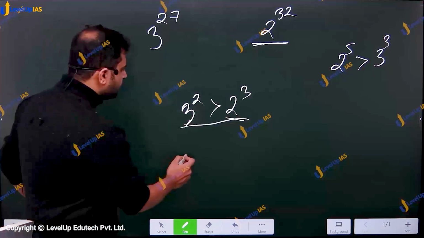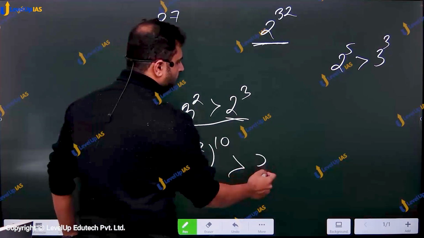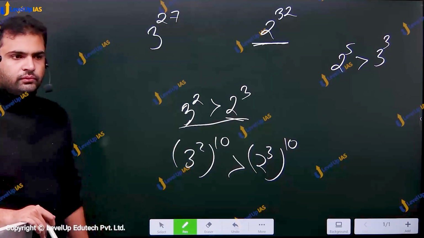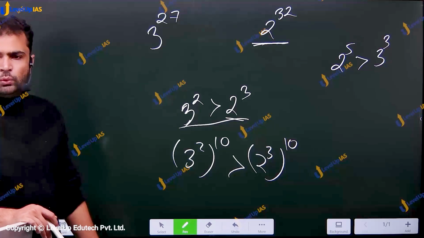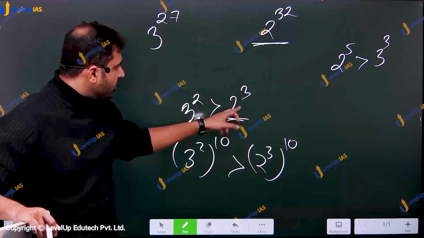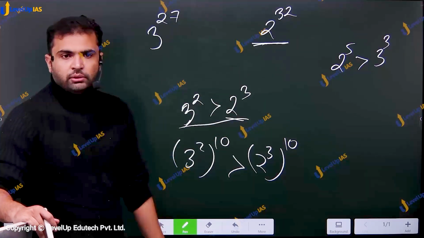So from here I can say that 3 raised to 2 raised to 10 is greater than 2 raised to 3 raised to 10. On both sides I raised by power of 10. Why am I doing it? I want to go close to 32. So I am trying to go to 30, and from there I can go to 32.